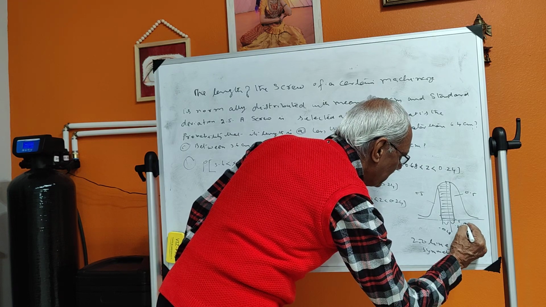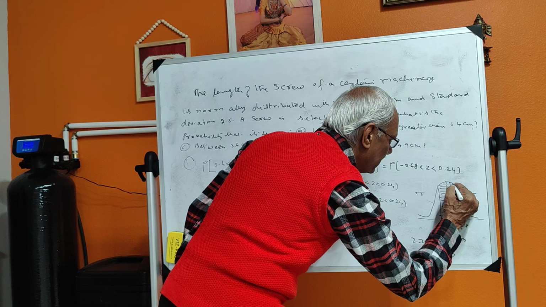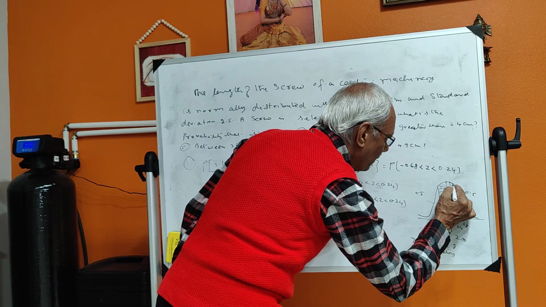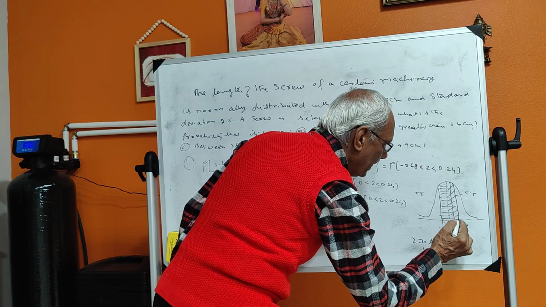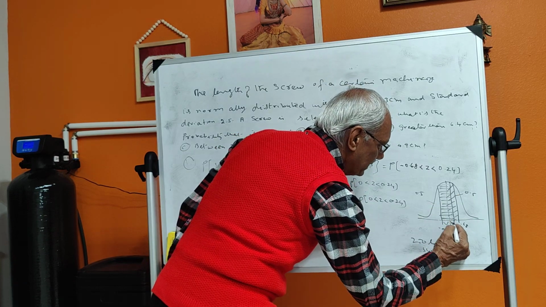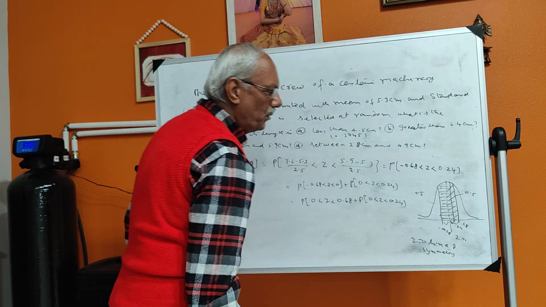So you see that this 0.68 will come here. Draw an ordinate like this and find the area up to 0.68, and also add this 0.24.